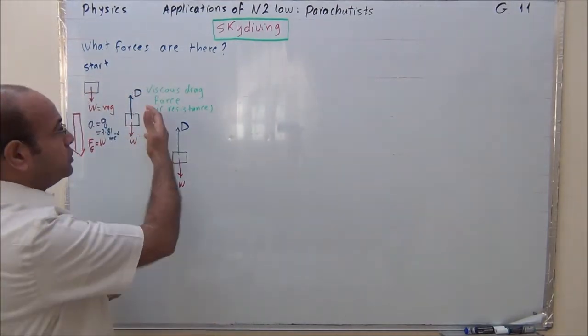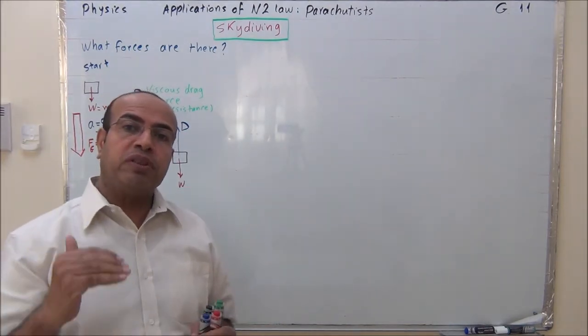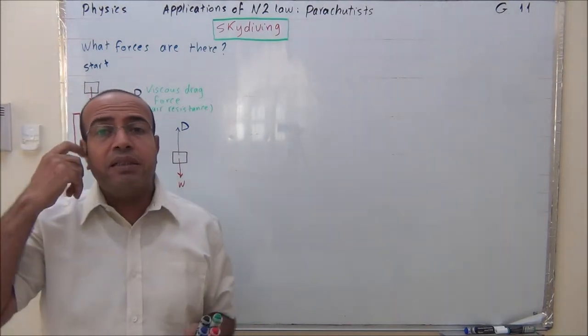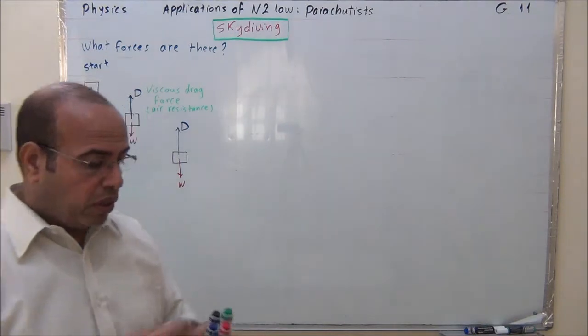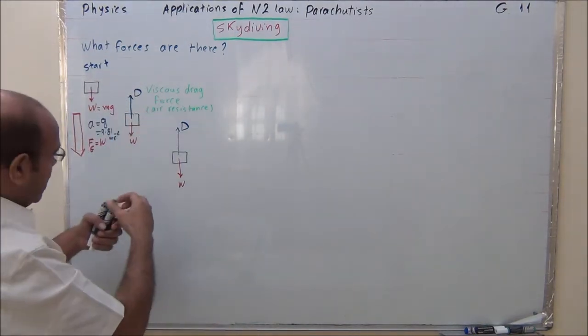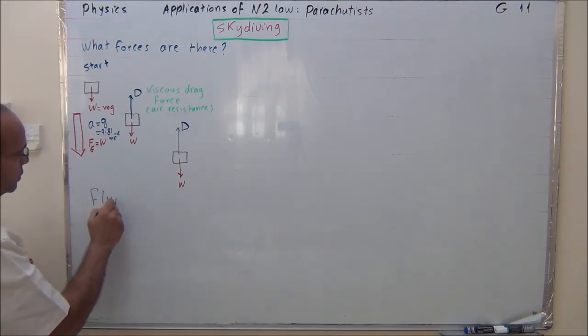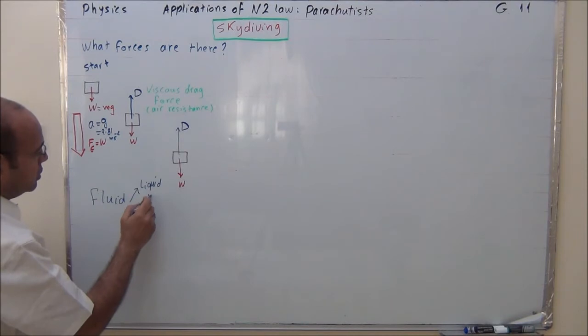The drag force is proportional to the velocity. When the velocity increases, the drag force increases. That drag force is a force in a fluid. The air is a fluid. A fluid means liquid or gas.